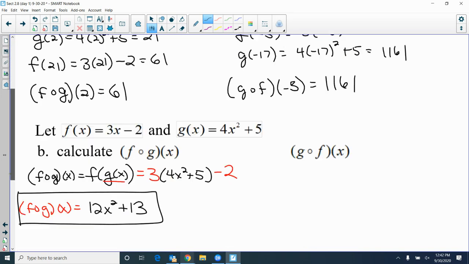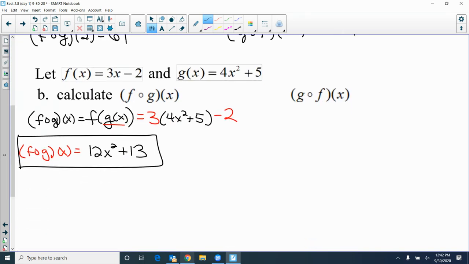Okay. All right, what's g of f of x going to look like? All right, we're about out of time. So let me just at least set that up. G of f of x. Okay, my g function is going to be 4. The x gets replaced with 3x minus 2 quantity squared plus 5. Then what do we got to do with that? You got to FOIL. Combine like terms.